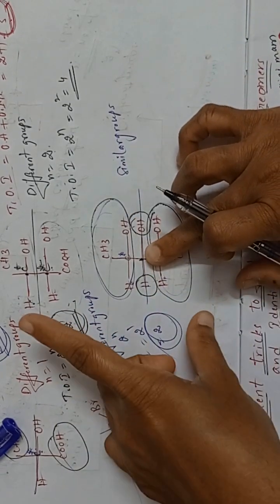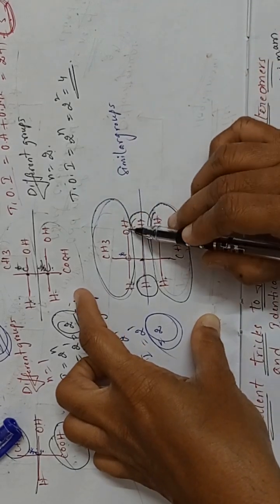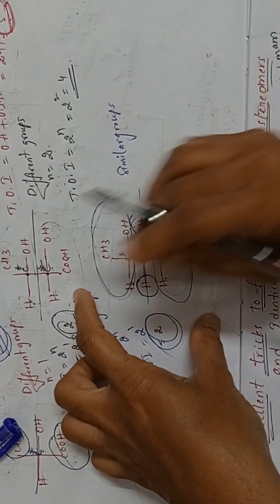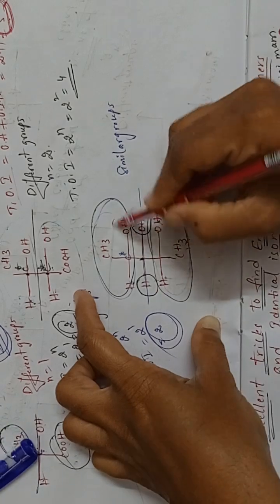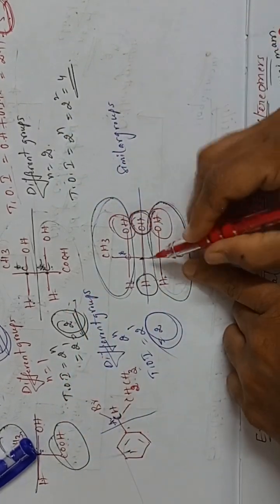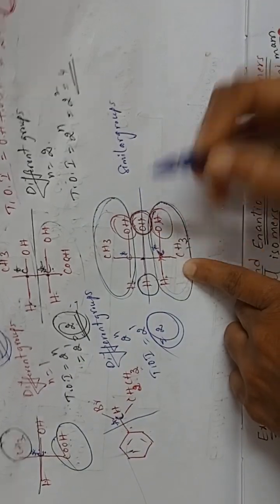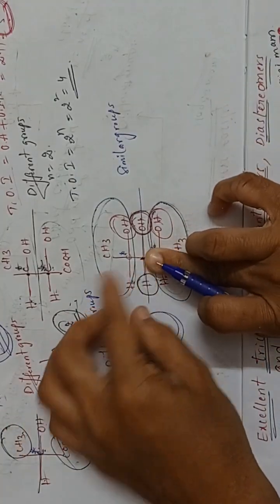Okay, chiral carbon. But in the case of 3 similar functional groups, see here, 3 same functional groups are there: OH, OH, OH. This is a chiral carbon only. This is not the chiral carbon.